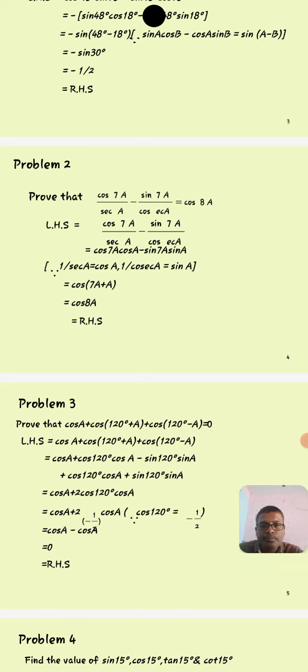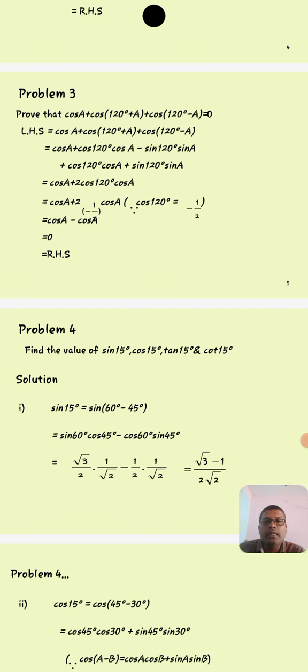Okay. Now we see problem number 3. Prove that cos a plus cos of 120 plus a plus cos of 120 minus a is equal to 0.